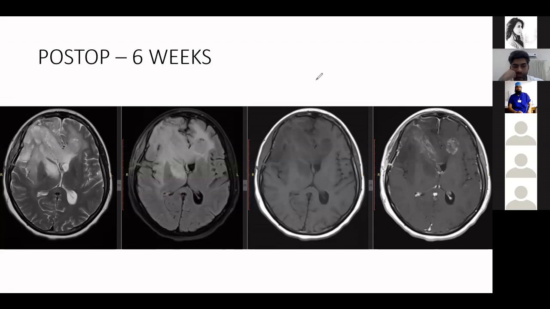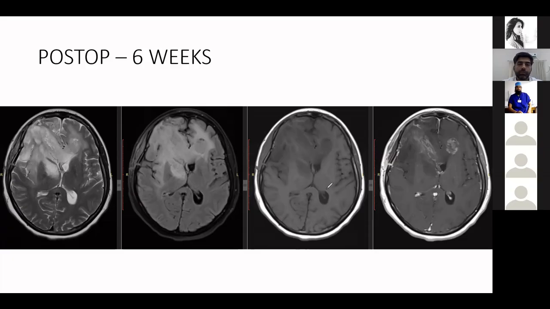She received concurrent temozolomide as well as whole brain radiation. Okay, because there are no cycles, it's given daily with radiation. So every day that you get radiation, you get temozolomide. No, she got 7 cycles, 5 days a month first, of temozolomide. Okay. And yes, so this is the post-op MRI after 6 weeks, just before the radiation was started.